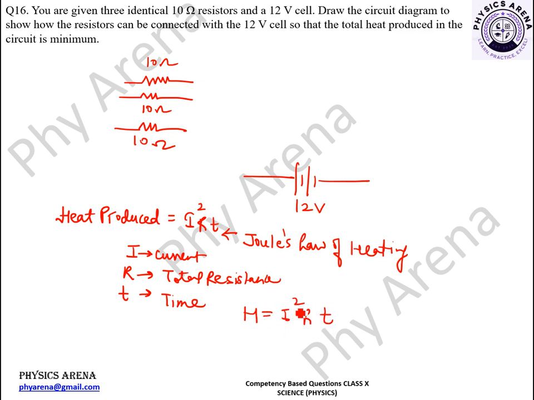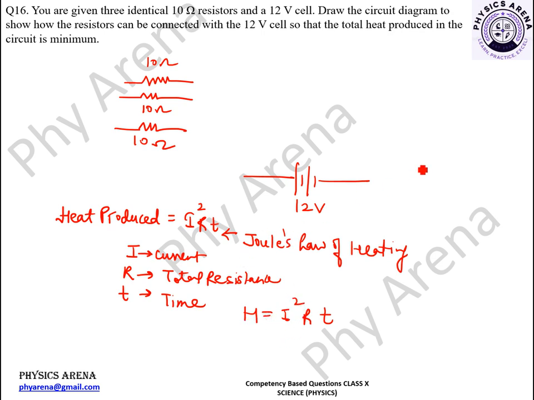The effect of current is square times, whereas the effect of resistance and time is linearly dependent on the heat produced. So if we connect the resistors in parallel, although R will decrease, decreasing R will increase I, and that will have a greater impact because the heat depends on the square of the current.